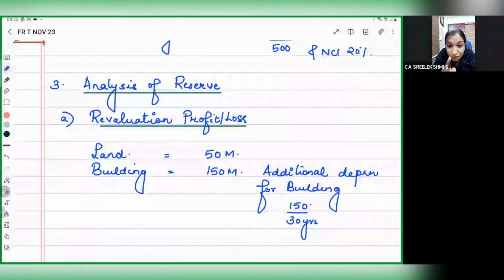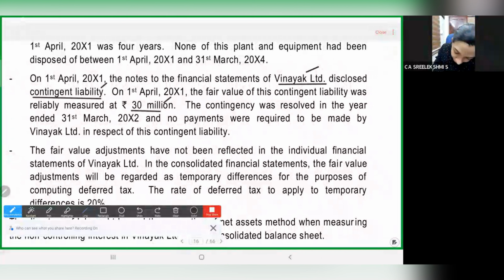So what have you studied in business combination? If there is a contingent liability, it has to be taken over into the books of the acquirer at fair value, which means you are taking over this 30 million at fair value. As a result, your net assets should drop. The contingency was resolved at the end of 31st March 2012. One year later, the contingency was resolved and no payments were required to be made by Vinayak Limited. Okay, great.